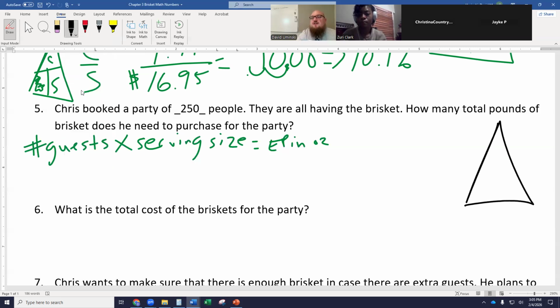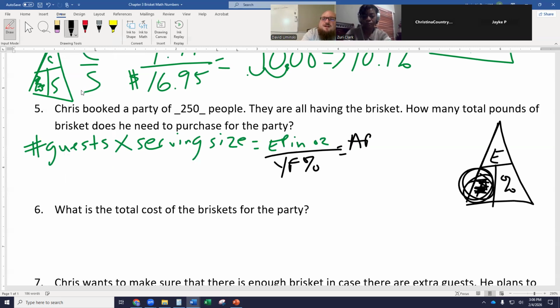So if we're using our triangle, EP, AP, and percentage, and we're looking for the amount to order, we cover that up, and we divide by the yield factor percentage. That gives us our AP in ounces.